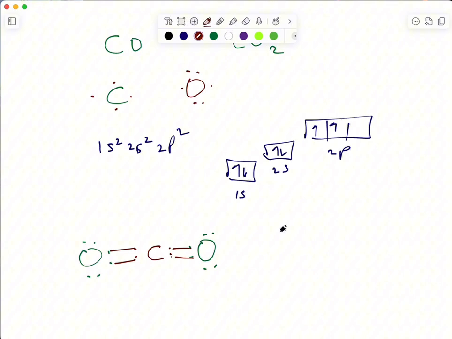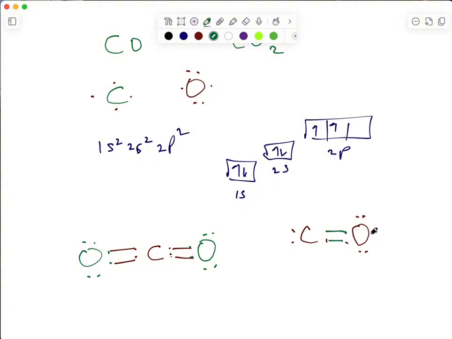In the case of CO, we have C with a lone pair, and oxygen with a lone pair. But it only wants to bond with one oxygen. So the question is, are they going to bond in this way? In this case, you have a bond here, a bond here.